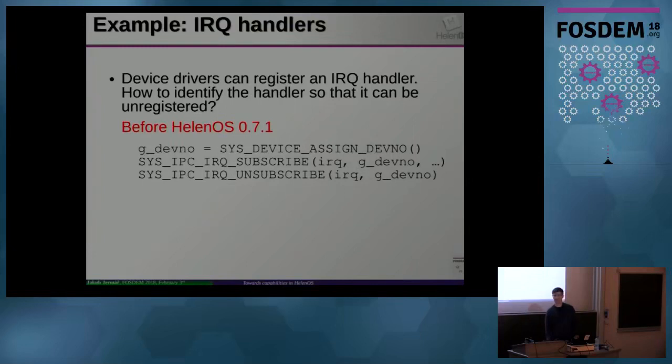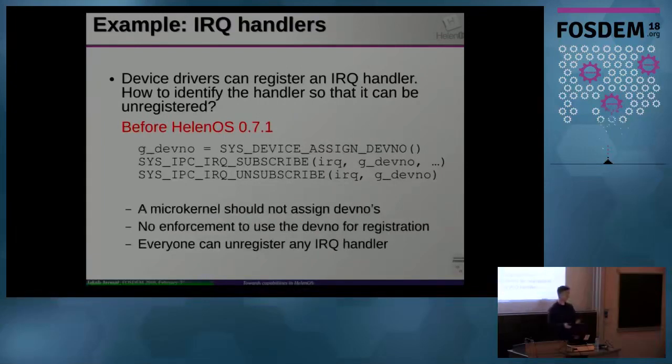Okay, I won't hold this any longer. So there are a couple of problems. First of all, a microkernel should probably not be assigning device numbers, even in this stupid manner where a device number is basically a counter and doesn't really mean anything.